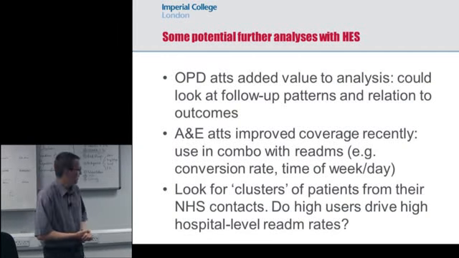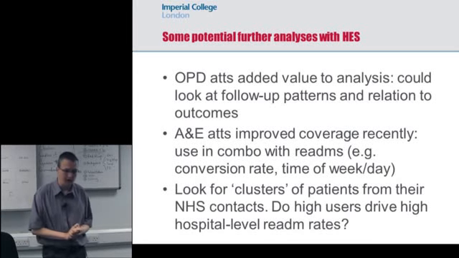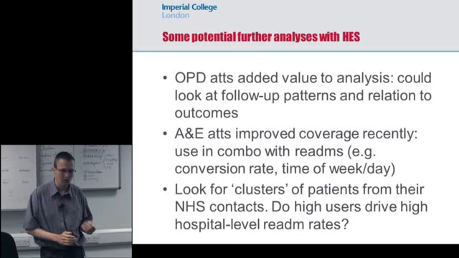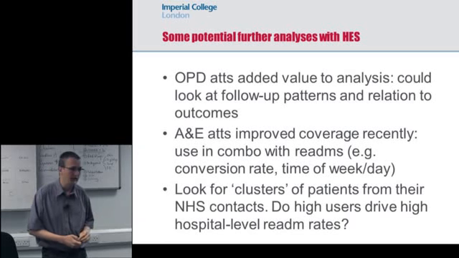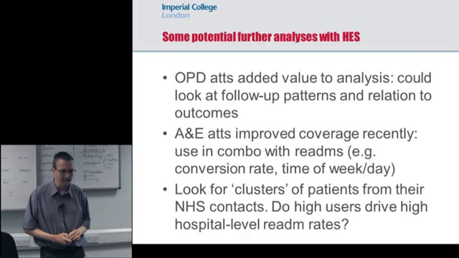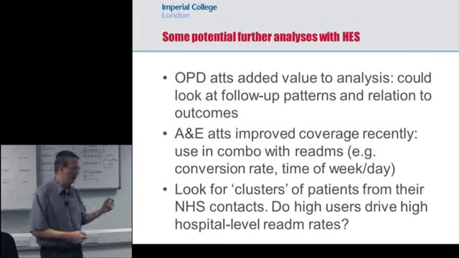So I think it's my last slide. There are a few extra things you can do with HES. So we saw that outpatient appointments did add some value to analysis. But that was all looking at outpatient appointments before the index admission.